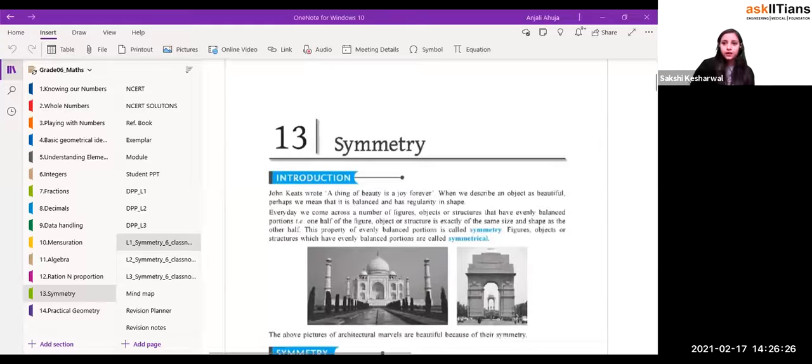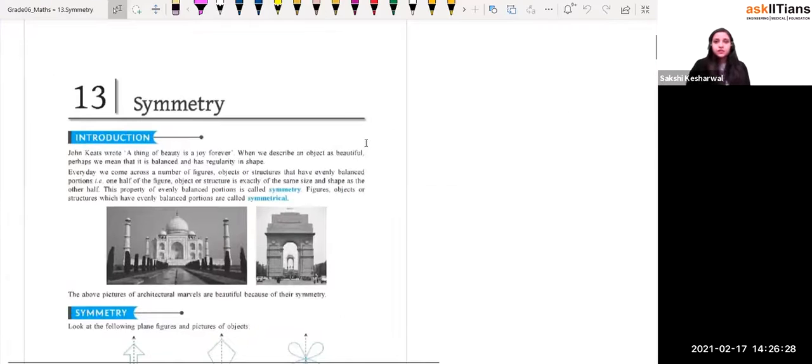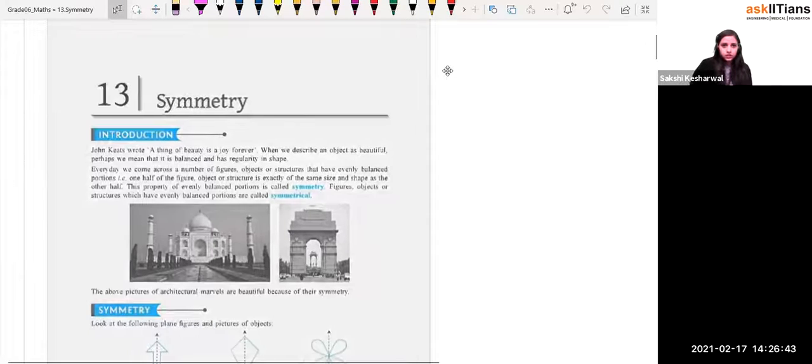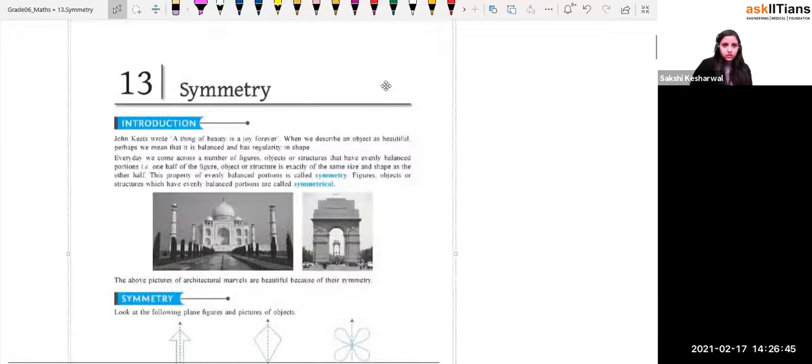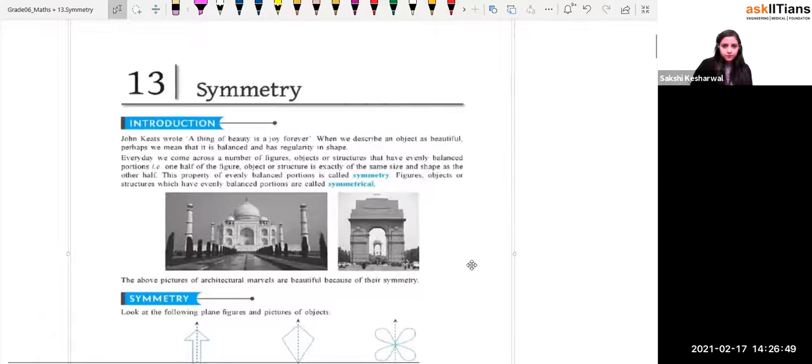Can you see this? So basically we'll be starting with symmetry. I'll be taking a little bit dark color pen, red will work. I can just enlarge this. It's okay, a little bit, not too much.